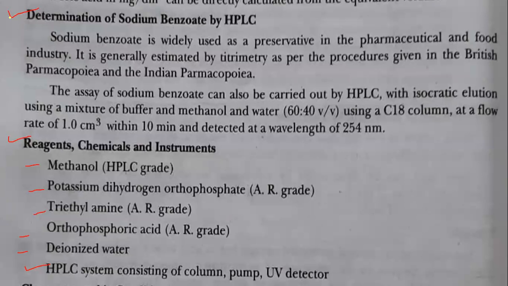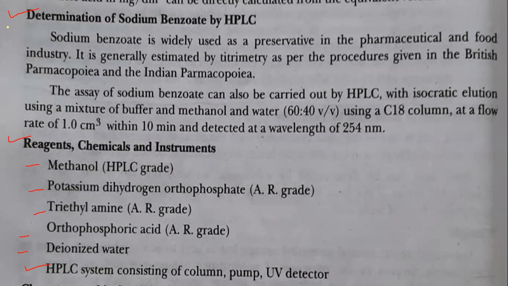Okay, so it is used as a preservative in the pharmaceutical and food industry. It is estimated by titrimetry as per the procedure given in the British Pharmacopoeia and the Indian Pharmacopoeia.